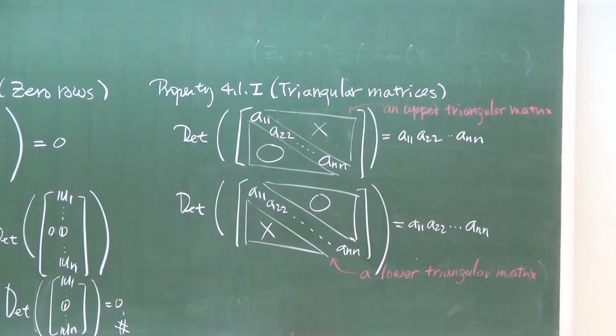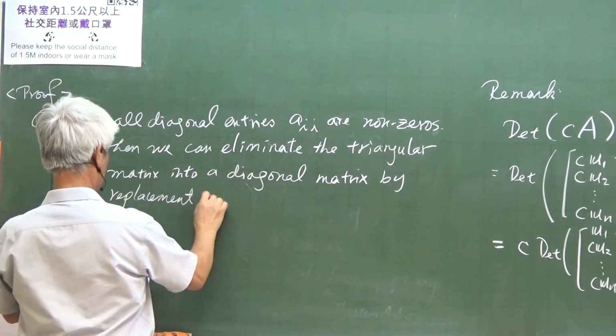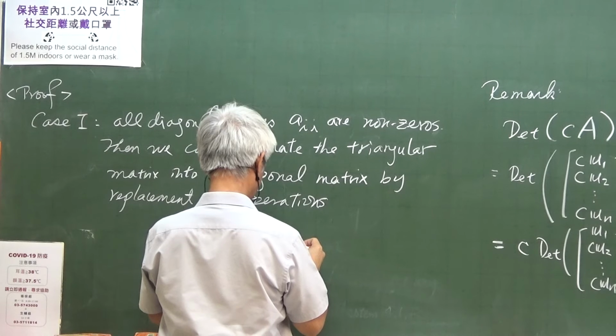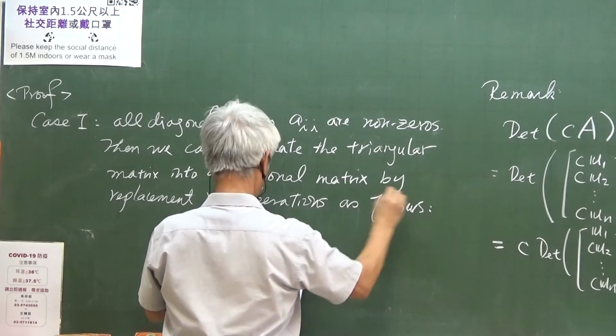Then we can eliminate by Gaussian elimination the triangular matrix into a diagonal matrix by replacement row operations, as follows.